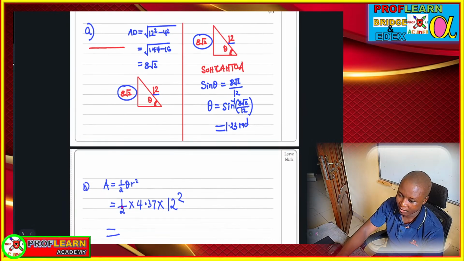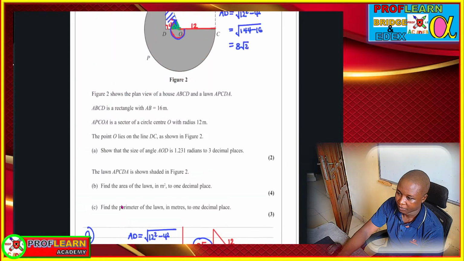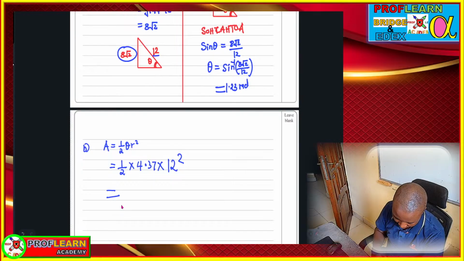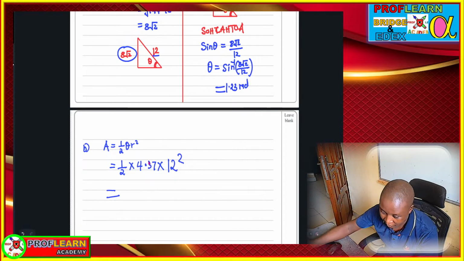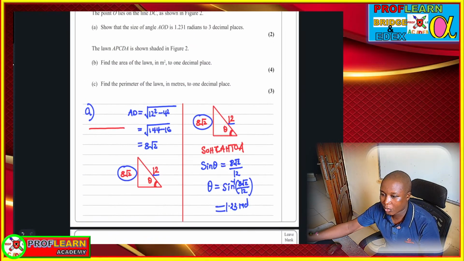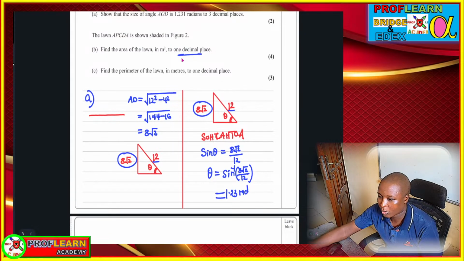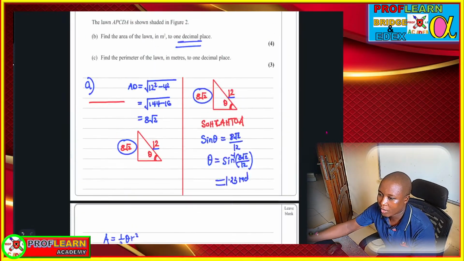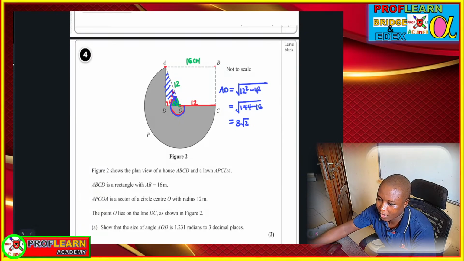If you work it out, the area of that part is 314.64. And always check to how many decimal places. This is supposed to be to 1 decimal place, so approximately 314.6.